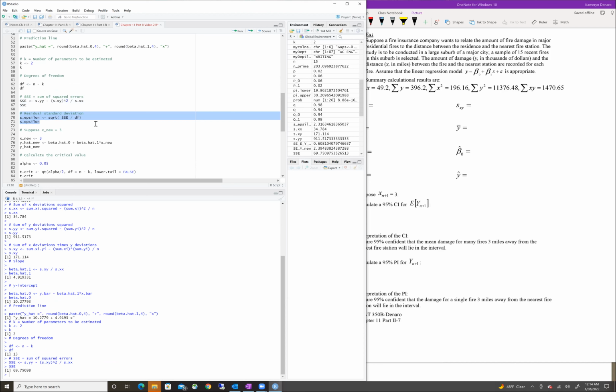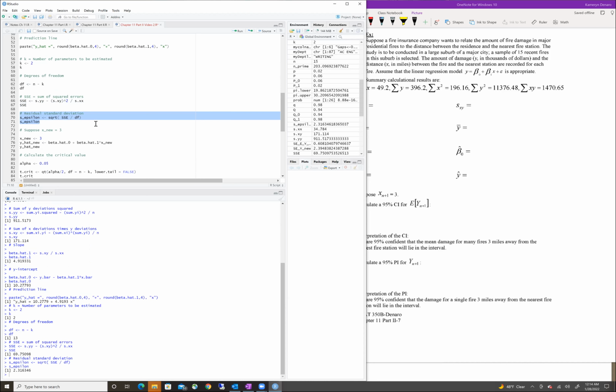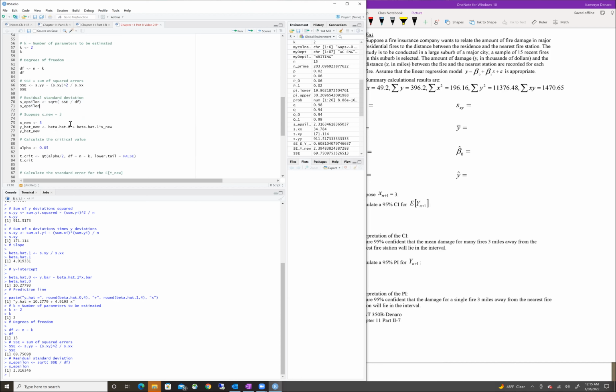That tells us the typical distance from the data points to the line. The typical distance is about 2.316. You could use the empirical rule and say that 68% of the residuals are within one standard deviation of 2.31, and then 95% and 99.7% for the empirical rule.